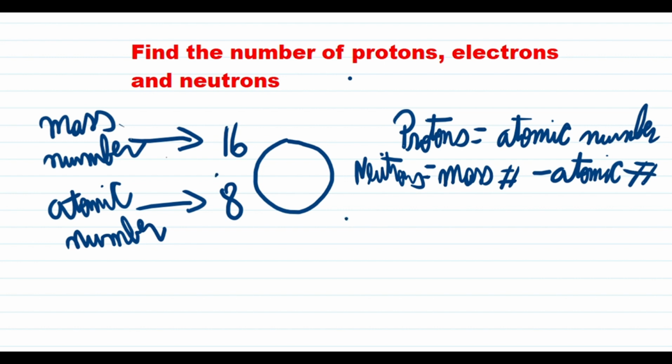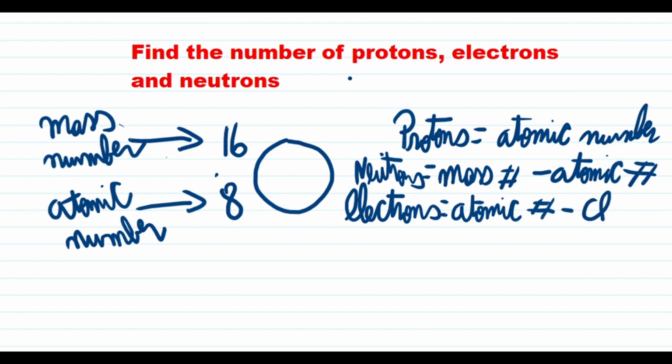And the number of electrons is equal to the difference between the atomic number and the charge of the species. In this case, it's 0 because it's a neutral atom. I'm going to give you examples with ions to illustrate this better. But for now, let's concentrate on the neutral atom.